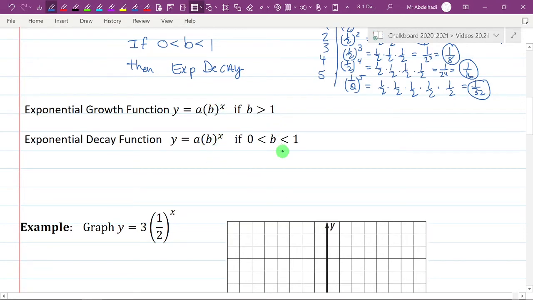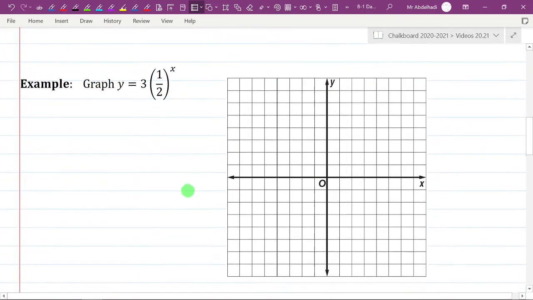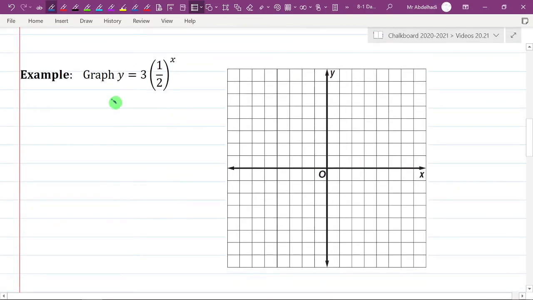So how does this look on a graph? Okay, so in the last section, we learned how to graph things like that, for instance, right? This is the stretch. This is your exponential. Well, here we have a stretch of 3.